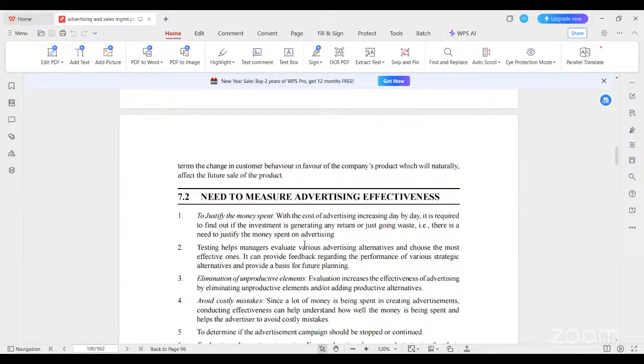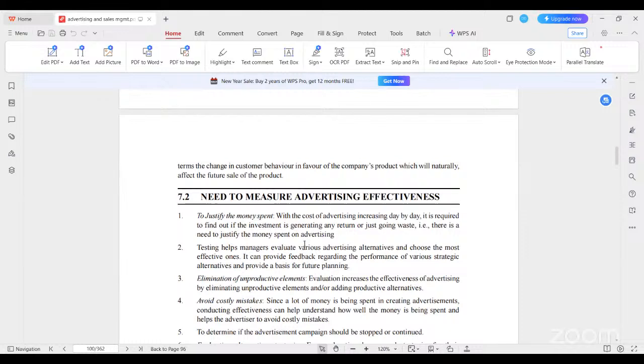Testing helps managers evaluate various advertising alternatives and choose the most effective one. It can provide feedback regarding various strategies and alternatives, and provide a basis for future planning.